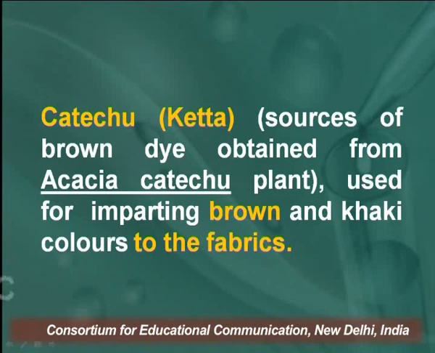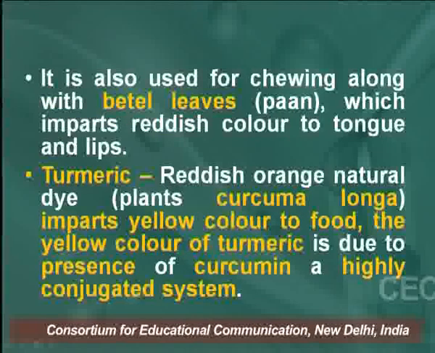Similarly, another plant-derived dye is catechu, locally called katha. It is a source of brown dye obtained from the Acacia catechu plant, and it is used for imparting brown and khaki colors to fabrics.